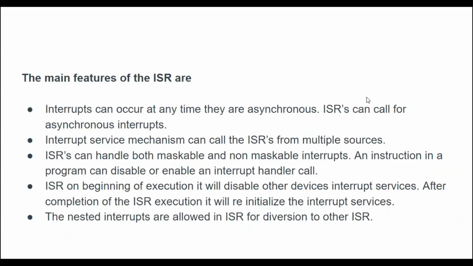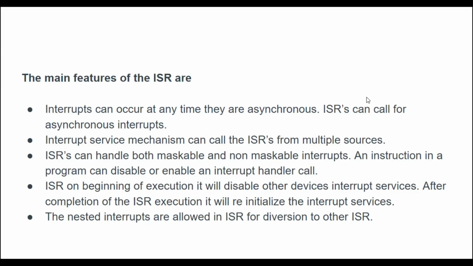The main features of the ISR are, first, interrupts can occur at any time. They are asynchronous, so the ISR can be called for asynchronous interrupts. The interrupt service mechanism can call the ISRs from multiple sources. The ISR can handle both maskable and non-maskable interrupts. An instruction in a program can disable or enable an interrupt handler call.